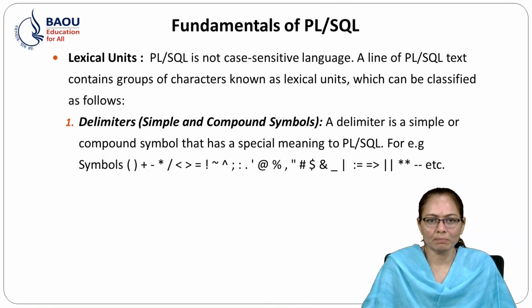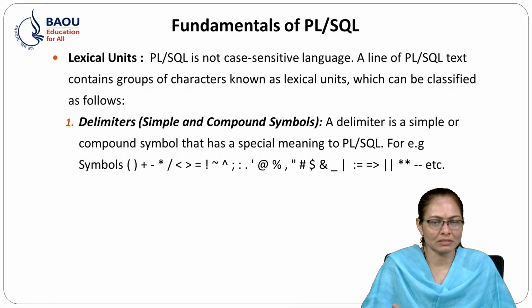Simple and compound symbols. We use symbols which are called delimiters. A delimiter is a simple or compound symbol that has a special meaning to PLSQL. For example, we can use delimiters to represent arithmetic operations such as addition and subtraction.